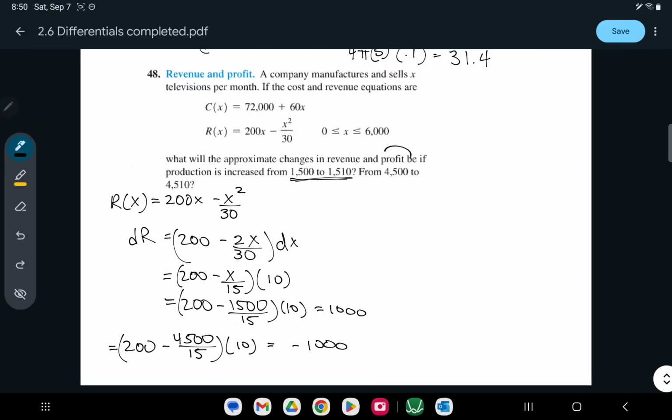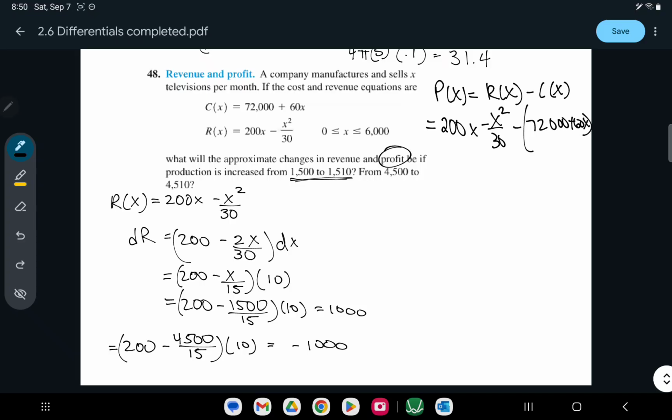Now let's do it all for profit. Profit is actually revenue minus cost. So that's going to be revenue, 200x minus x squared over 30, minus my cost function, 72,000 plus 60x.